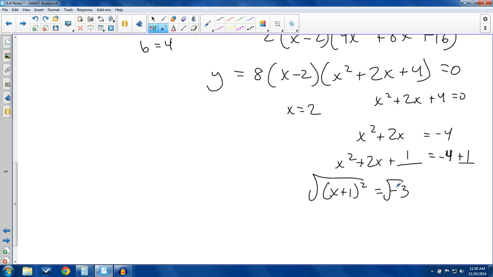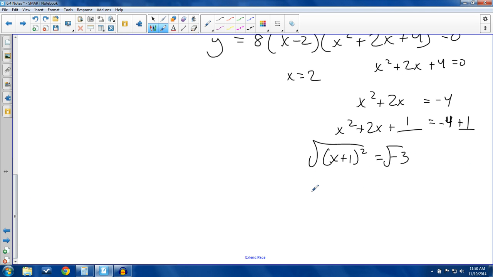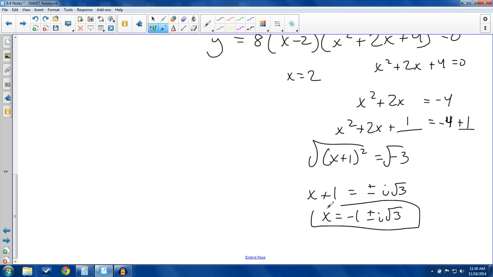Take the square root of both sides. You get x plus 1 equals plus or minus i root 3. So x equals negative 1 plus or minus i root 3. So your 3 roots here are 2, negative 1 plus i root 3, and negative 1 minus i root 3.